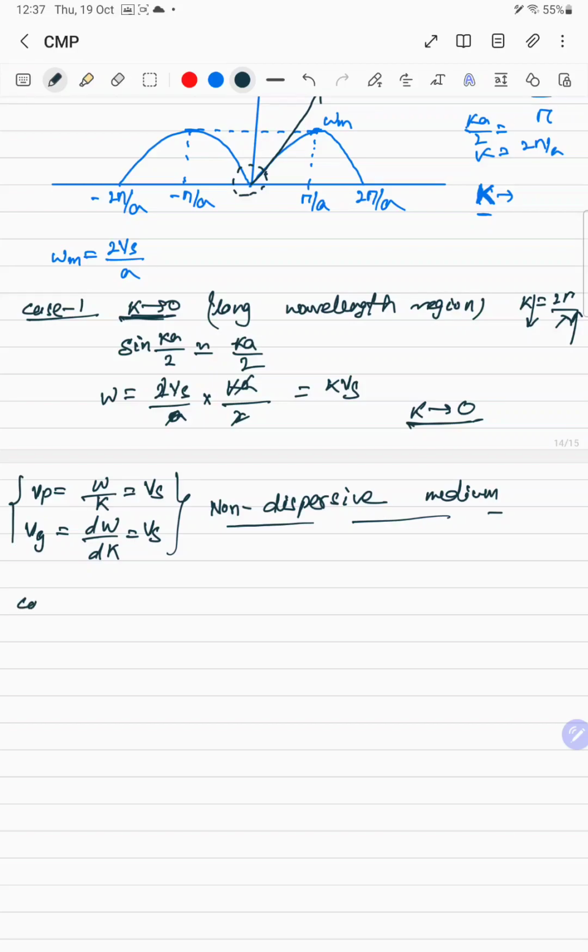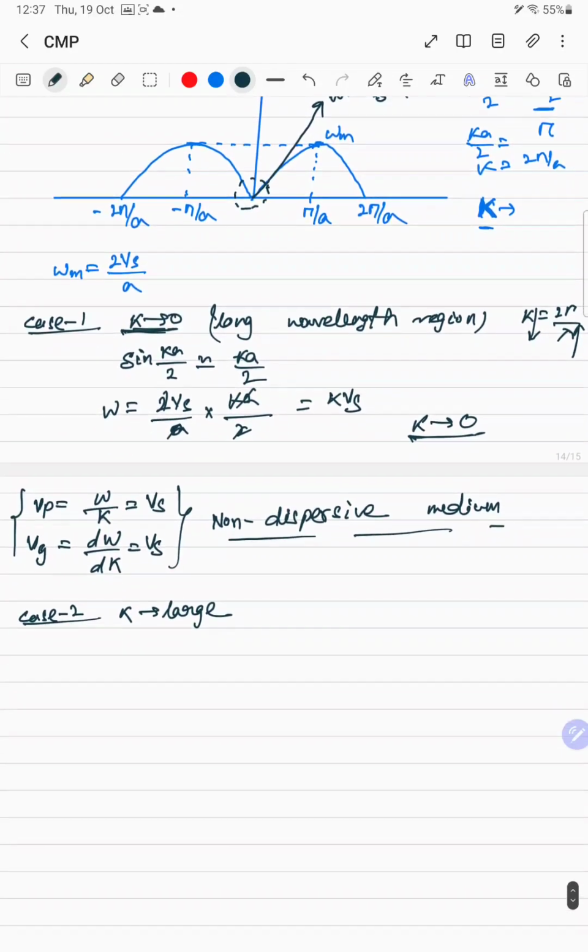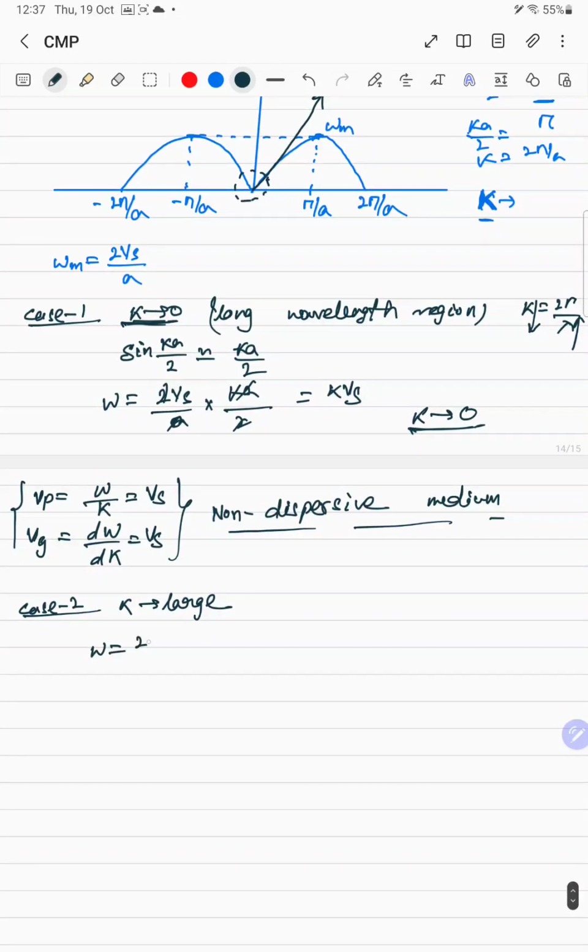Now let's look at case 2, when k is in the short wavelength region, that is, k is a large value. The dispersion relation will not change, it is simply omega equals 2 Vs by a sin k a by 2. What will be the phase velocity Vp? That will be omega by k.